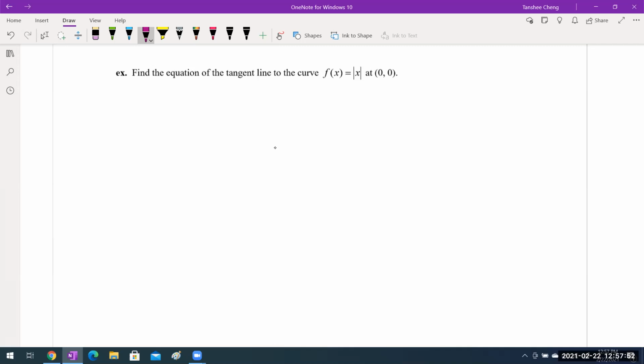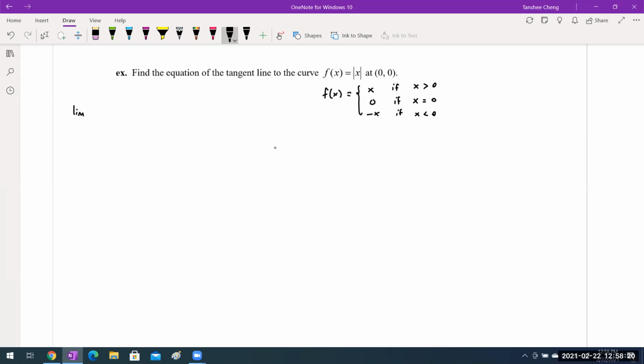Right? So if we are working on this, then first we need to think about this function f of x, that is, x if x is greater than 0, 0 if x is equal to 0, and negative x if x is less than 0.